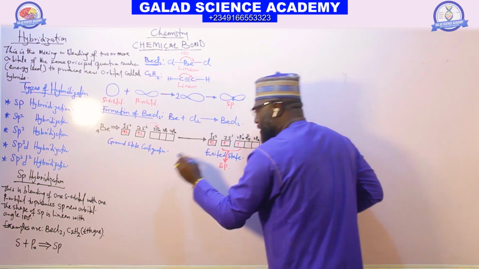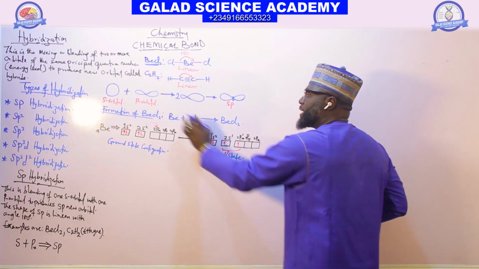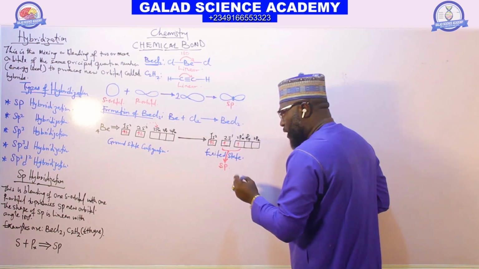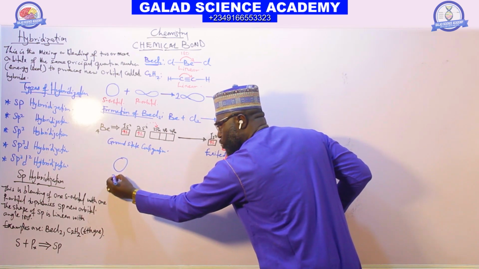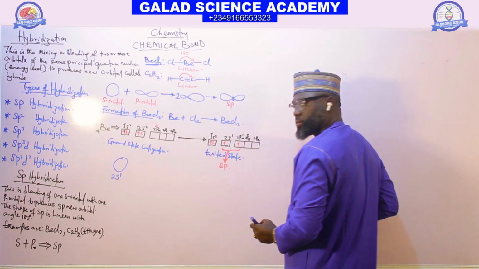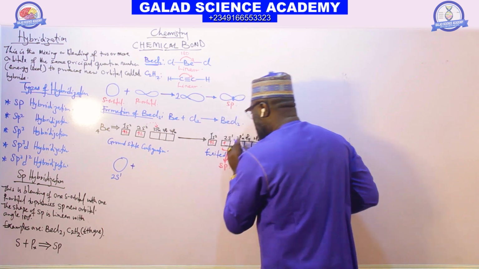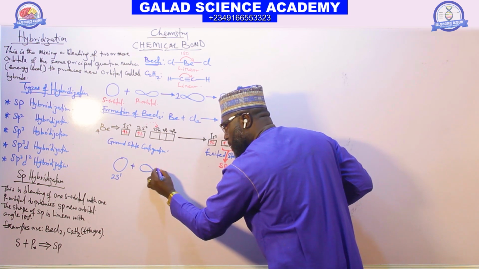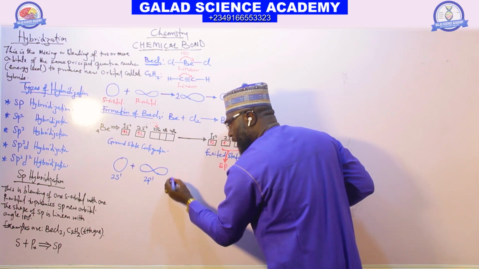I'm talking of this s. The p, this is the structure here. Let me draw it now. This s is here, 2s with 1 electron, plus px. This is the structure of px with 2p with 1 electron.